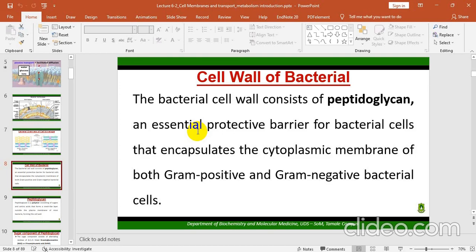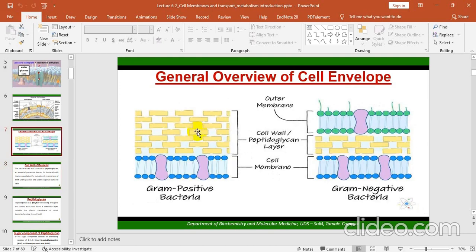Gram-positive organisms are able to retain the primary stain because of the thick peptidoglycan layer. That is, the initial gram stain, is it crystal violet or so?